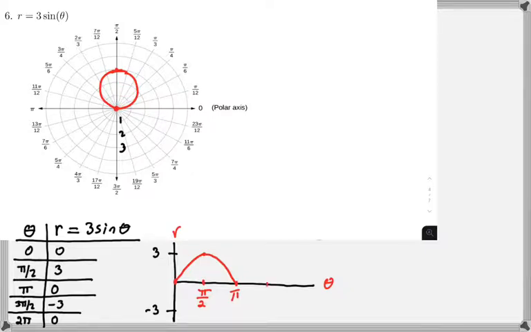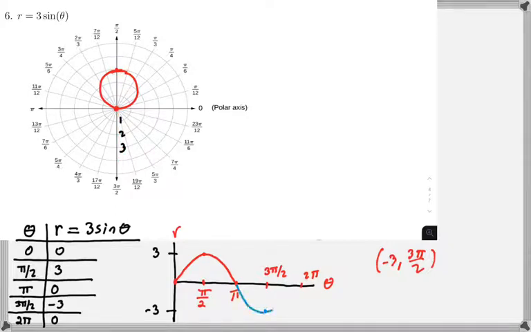Now, if we go down below to 3 pi over 2, that's going to give us the point negative 3 and 3 pi over 2. So you would go down and look at 3 pi over 2, but because it's negative 3, you're going to be actually back up here.